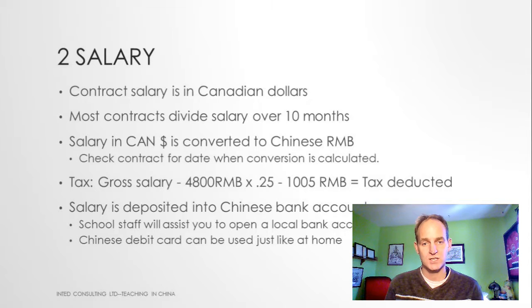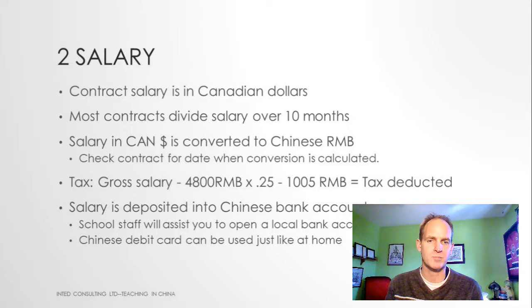For most teachers, unless you're a very experienced teacher at the upper end of the salary scale, the actual amount deducted is going to be somewhere between $900 and $1,000 Canadian a month. Okay, so then when you go back and do the calculation from your gross salary, it fluctuates depending on the exchange rate, but it's approximately 17, 18, 19% tax.